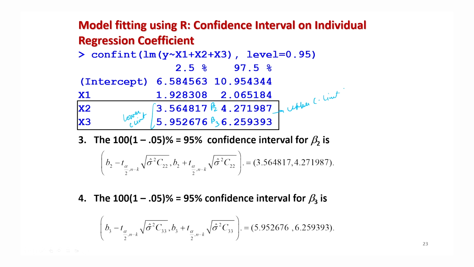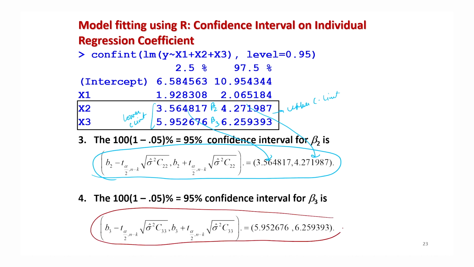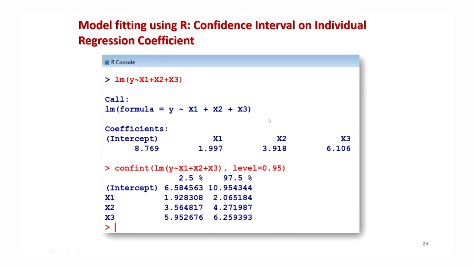The confidence interval for beta 2 is obtained like this, with its lower limit and upper limit here. And for beta 3, the confidence interval is the same, with its lower limit and upper limit here, right. So, you can see it is not a very difficult thing, and this is the screenshot.